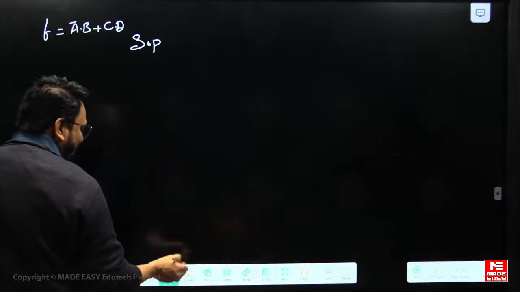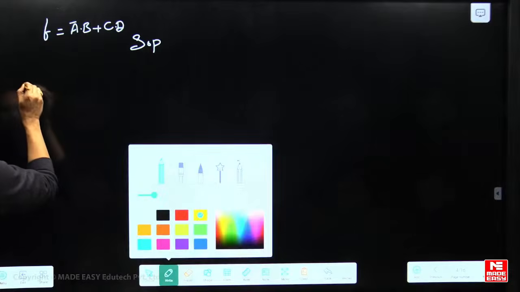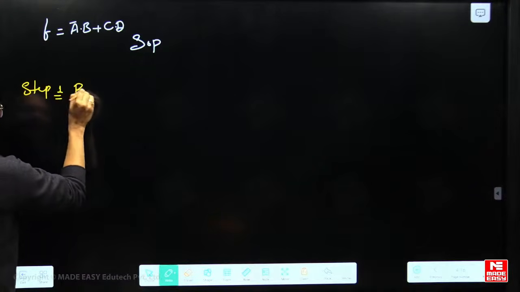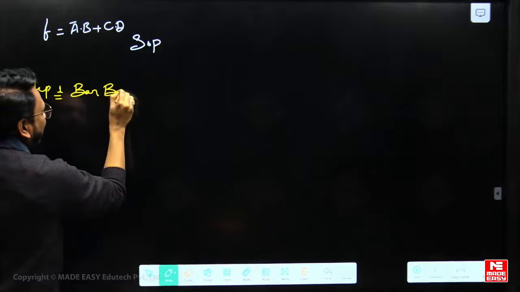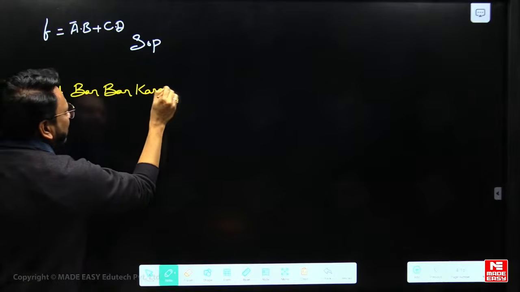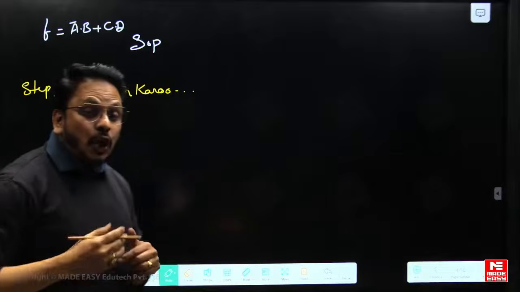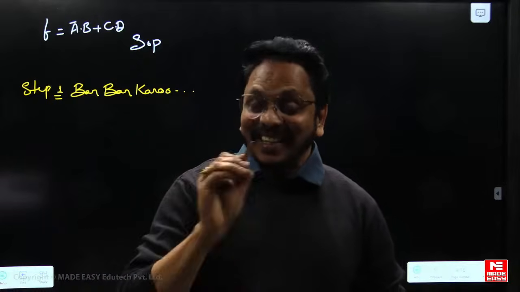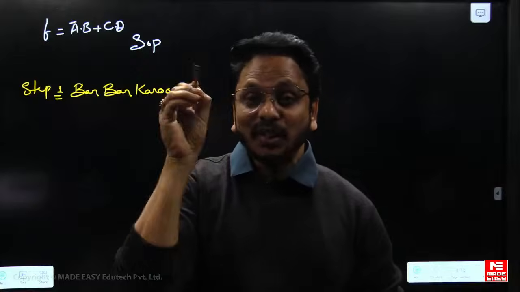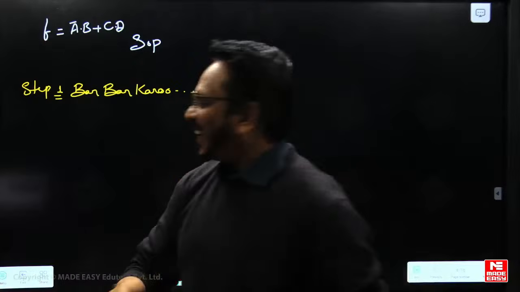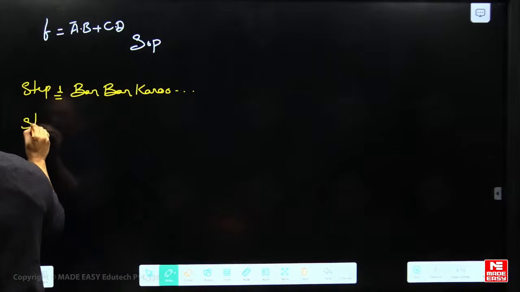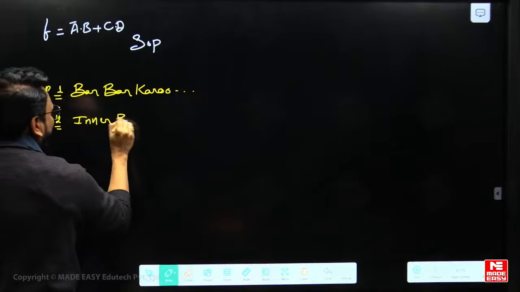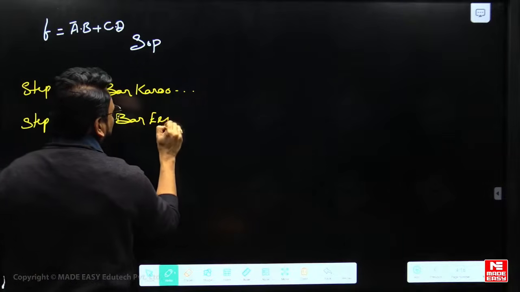The steps involved are: step 1, bar bar karo, that means do the double complementation. Karo means do. Step 2, inner bar expand karo.